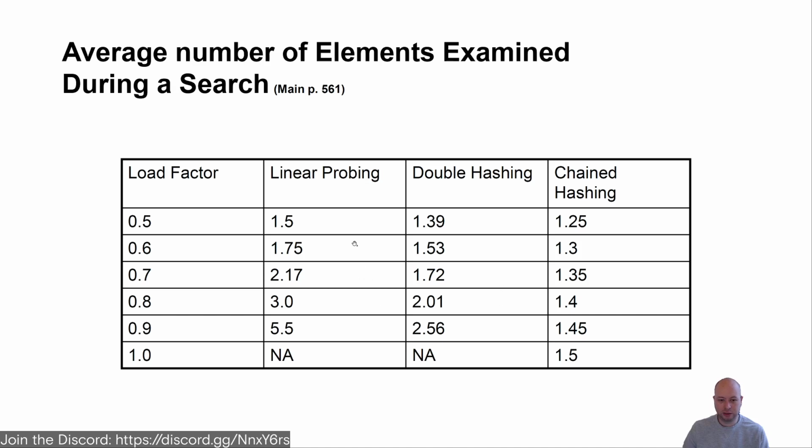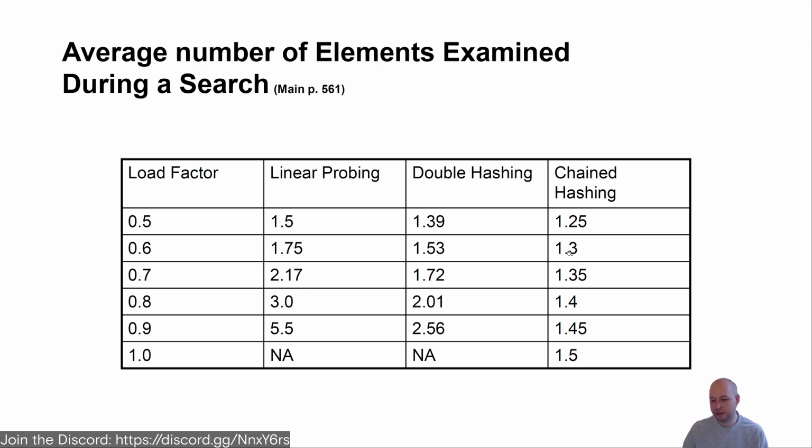Whereas here, with linear probing and double hashing, even at load factors of 0.5, they're all relatively similar. Chained hashing wins the day simply by virtue of the fact that these subarrays are not very hard to go through; the complexity of going through the chain is quite low.